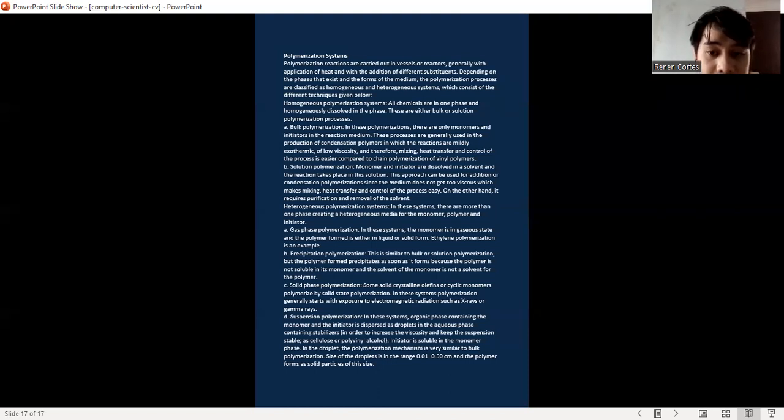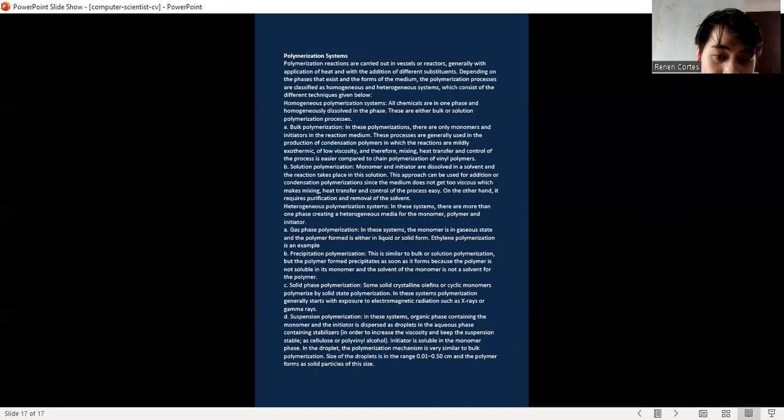These processes are generally used in the production of condensation polymers in which the reactions are mildly exothermic, of low viscosity, and therefore mixing, heat transfer, and control of the process is easier compared to chain polymerization of vinyl polymers.